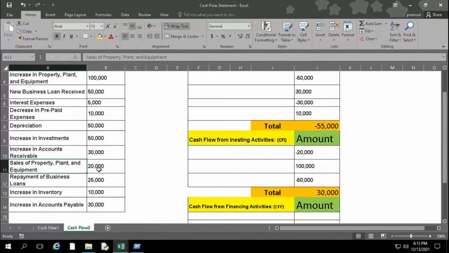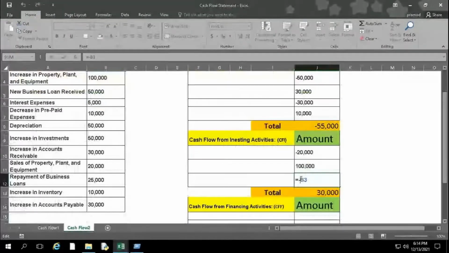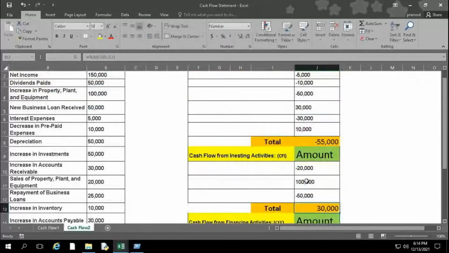Increase in investment, sir. 50,000. Increase in investment is like investing, no? It should be minus. Okay, sir, then we have to minus that, sir. 50,000. Then we'll get 30,000. Then 1 lakh is the grand total, sir.